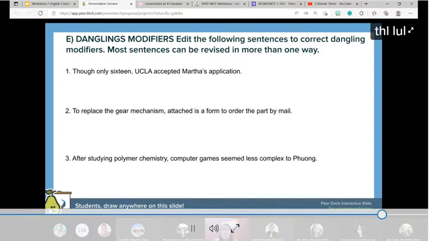Here we have to pay attention to the words that are modifying someone in the sentence.